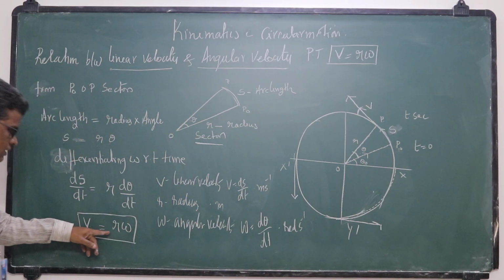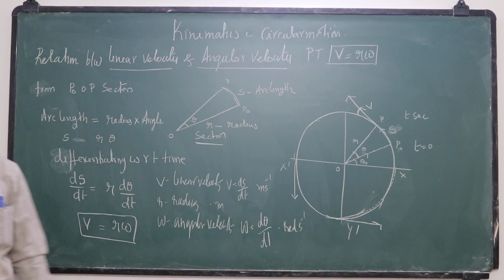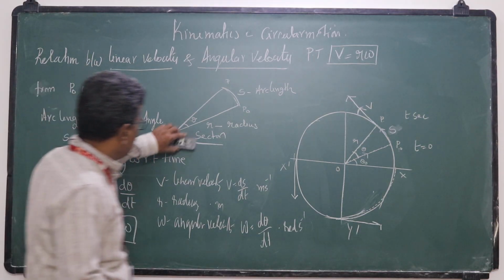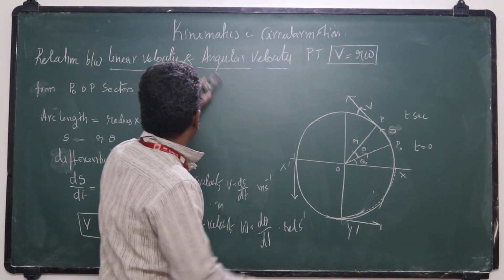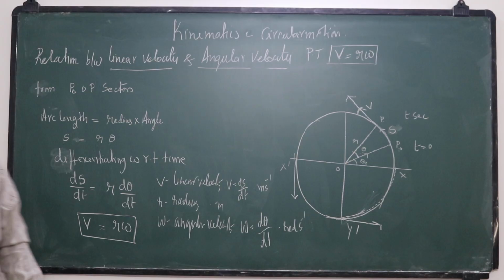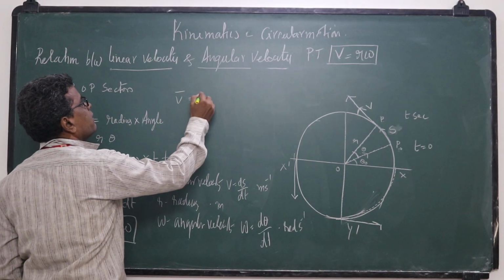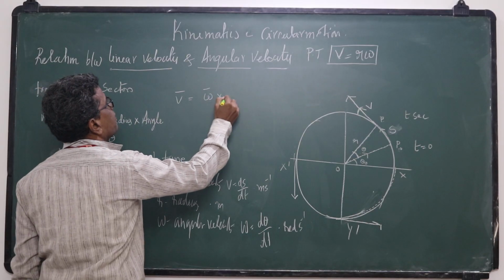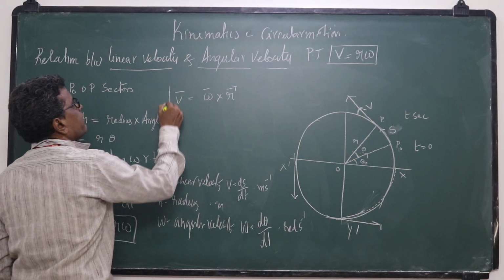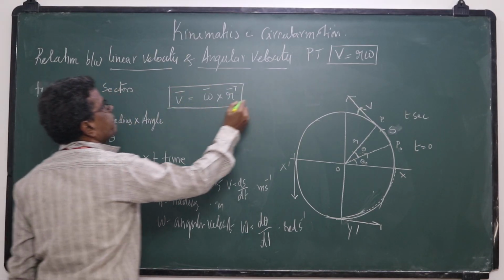We can also write this in vector form. See how I am writing it: v bar is equal to omega bar cross r bar. This is vector notation.